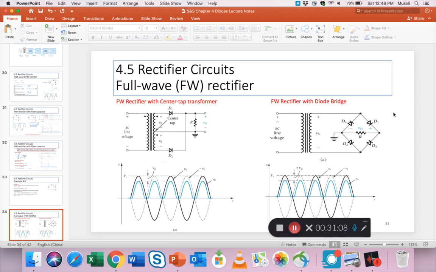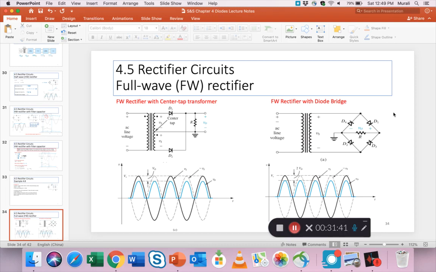The secondary voltage, you're kind of splitting it into two, and so in an arrangement like this you actually get two full AC waveforms from the two halves of the secondary. So the first AC waveform is applied to D1 and the second is applied to D2.